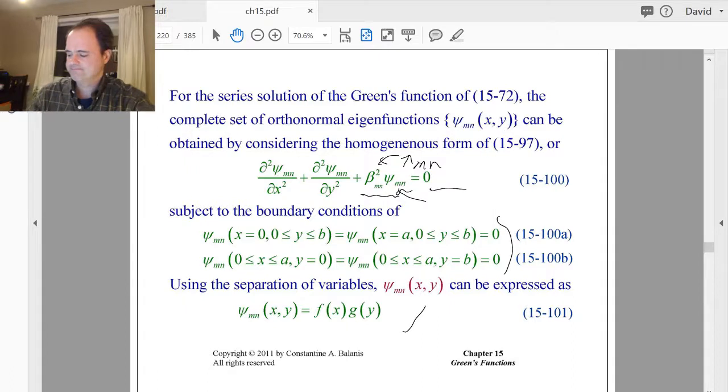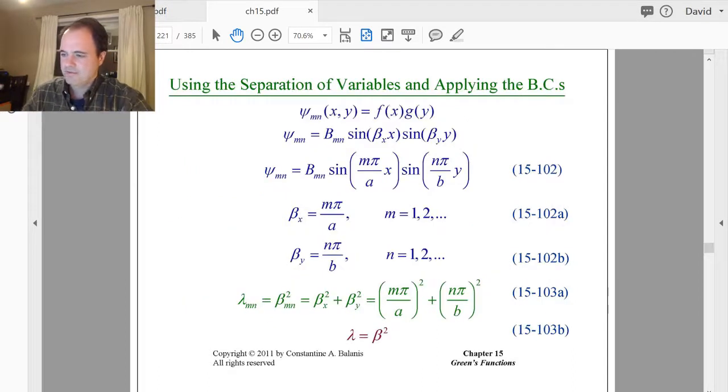All right. So we have to solve for psi. It's fairly easy to solve for these. It has to be 0 at x is equal to 0, y is equal to 0. So that eliminates any cosine terms. So we only have sines here.